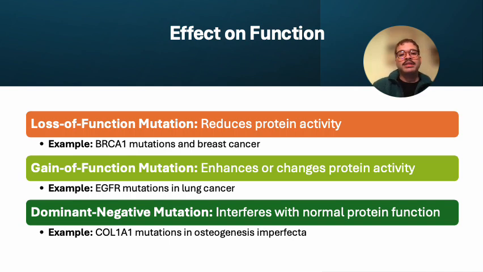An example of this is the EGFR mutation in lung cancer. And lastly, a dominant negative mutation, which interferes with normal protein function. An example of this is the COL1A1 mutation in osteogenesis imperfecta.